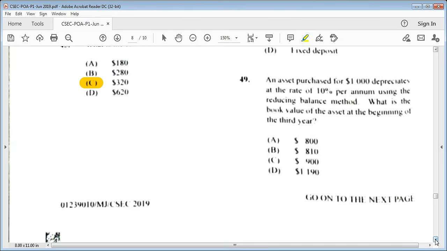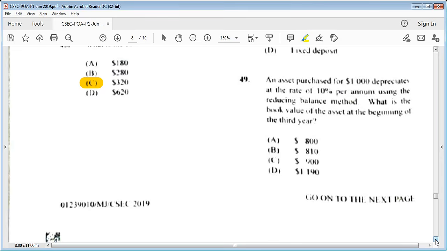So we know the reducing balance method is a fixed percentage that is deducted from the cost of the first year. And in the second year or other years that follow, the same percentage is taken of the reduced balance. So we're going to have to find 10% of $1,000. That is $100. Then we deduct $100 from $1,000.